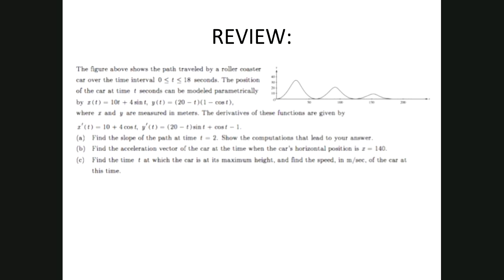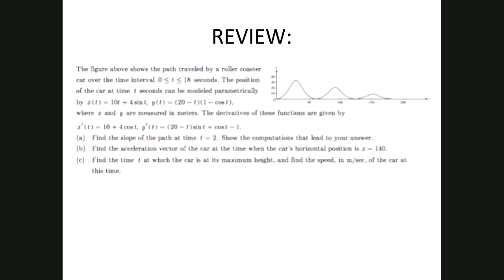All right. Now this one's a little bit tougher, but it's not too bad. It says the figure above shows the path traveled by a roller coaster car over the time interval between 0 and 18 seconds. And then it says the position of the car at time t seconds can be modeled parametrically by the equation.